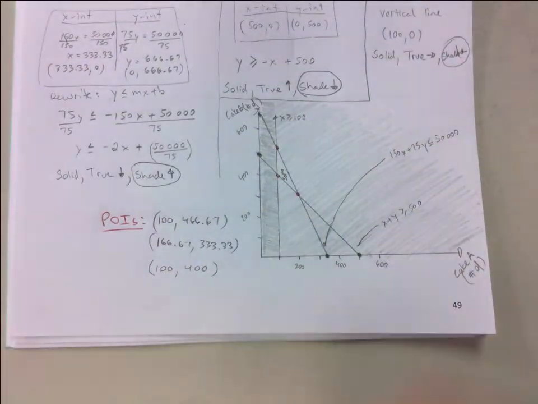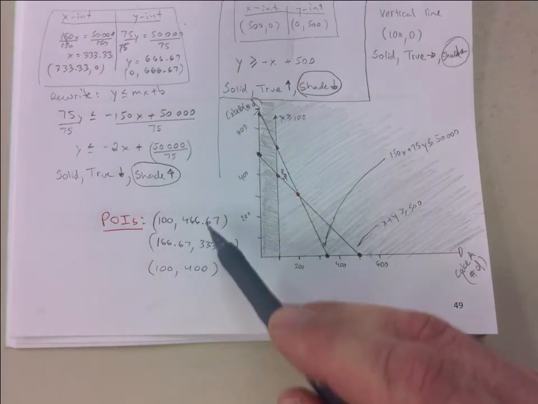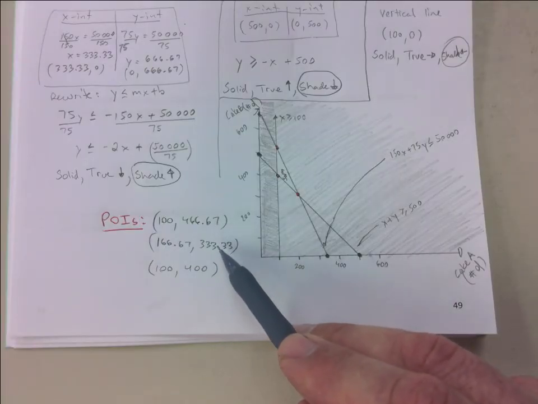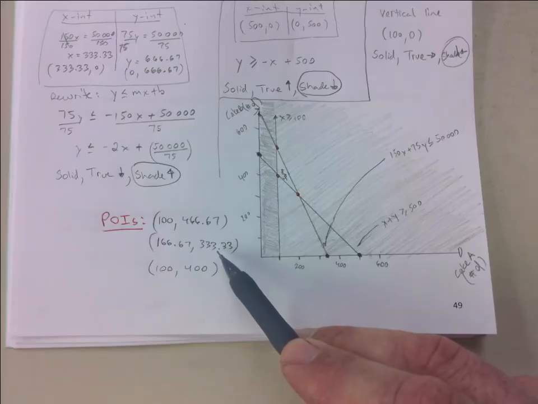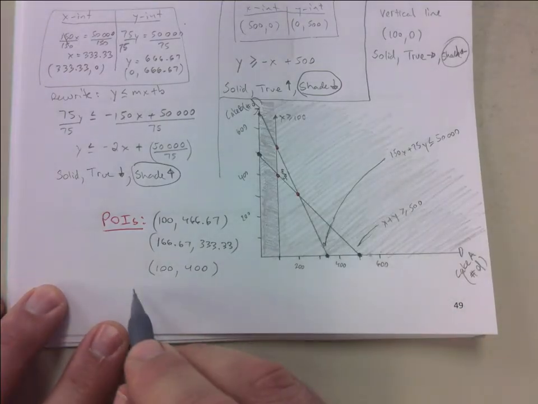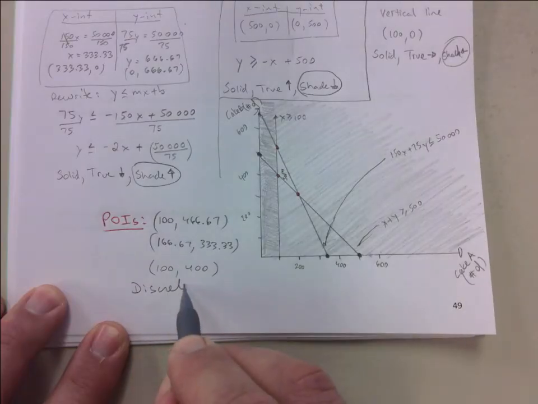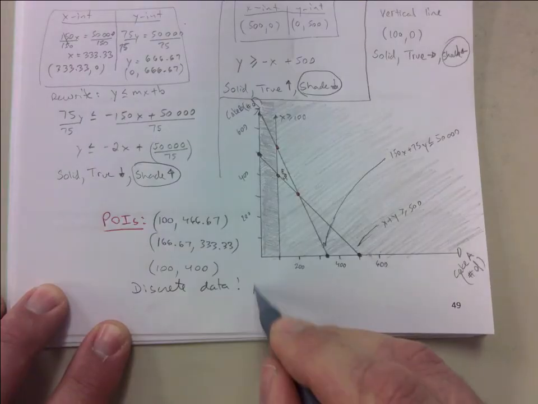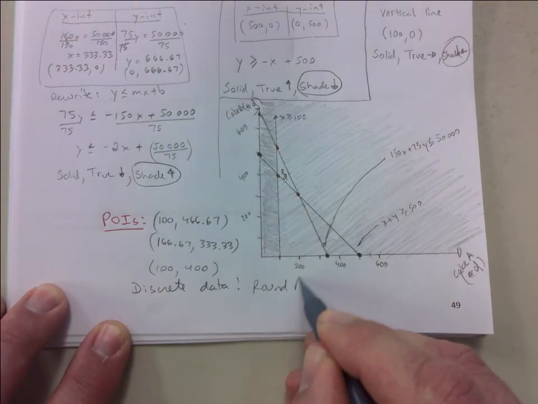You would get 2.5 out of 3 right now. 2.5 out of 3. What's wrong with these corner points? What kind of data are we dealing with? Number of cakes. So discrete data, right? So round the POIs.